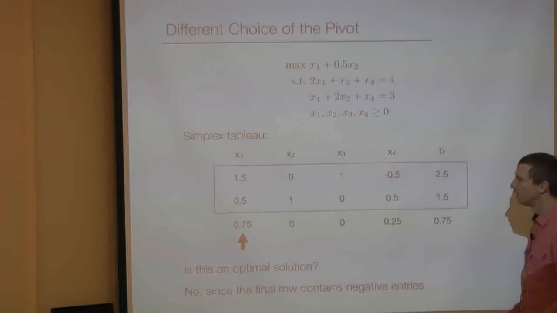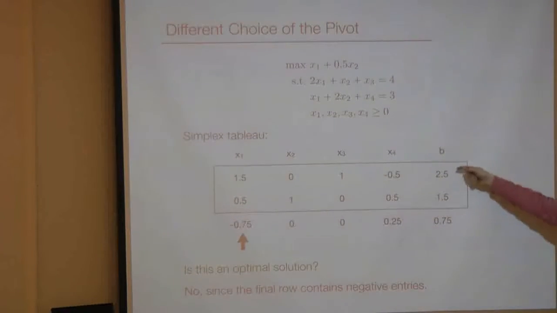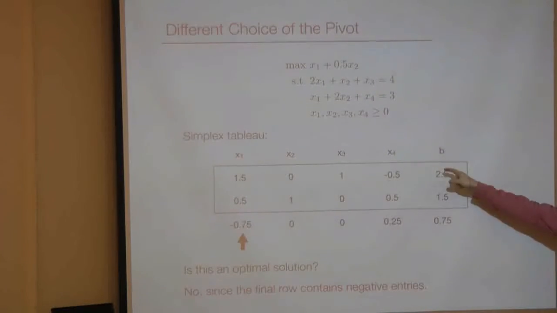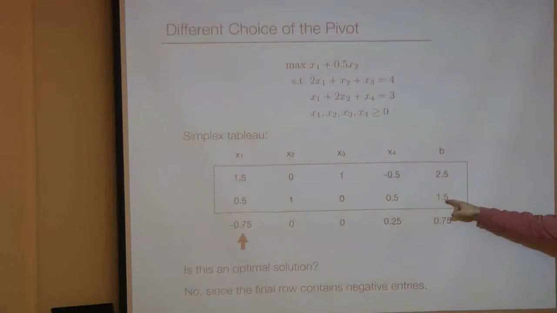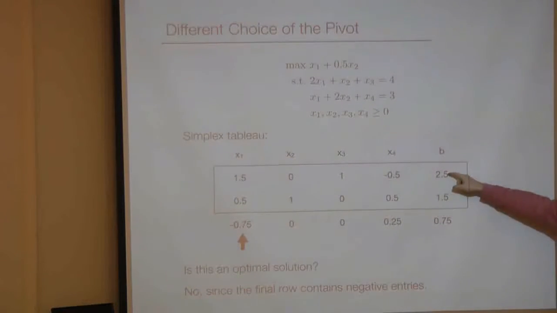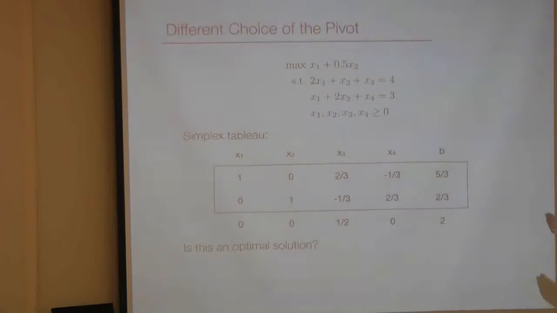So again, which of these two constraints will be violated first? Well, 2.5 divided by 1.5 and 1.5 divided by 0.5. Clearly, this ratio here is smaller, so that would be the pivoting row, and we perform the same pivoting operation as before. And we obtain this simplex tableau.